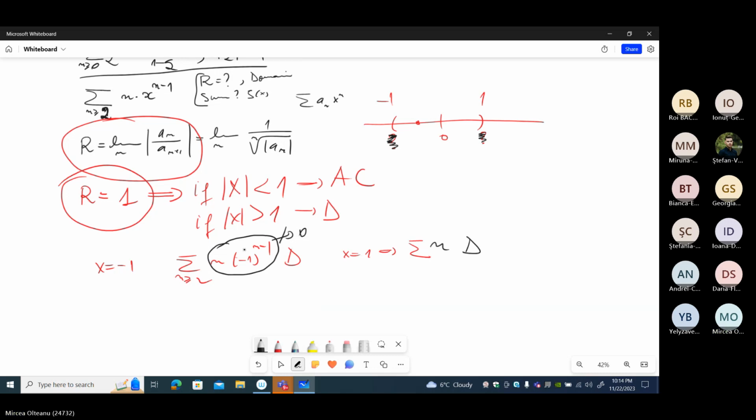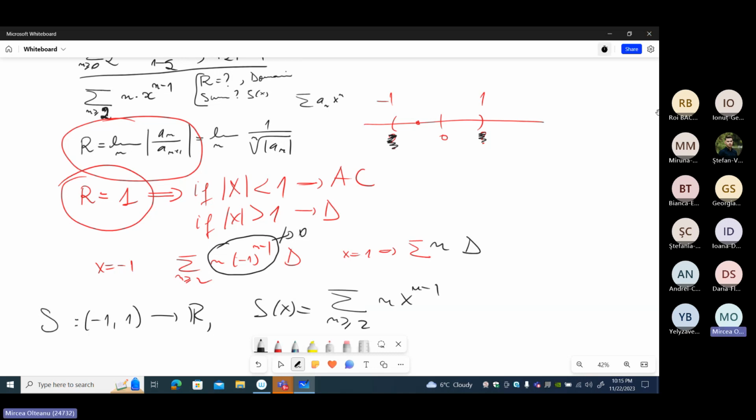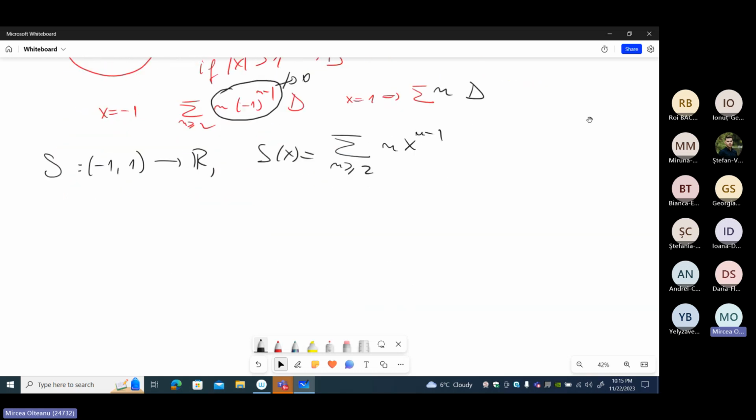So the sum of the series S is defined on this interval (-1, 1), taking values in R. And now we have to compute it. What are the tools here in order to do that? The tools are integration term by term or differentiation term by term.